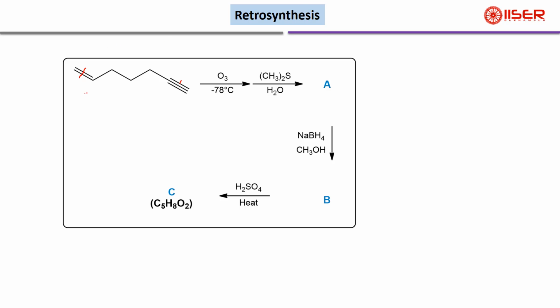So in that case, it will give us an aldehyde. So this alkene will just give us an aldehyde. And this ketone, and this is alkyne.